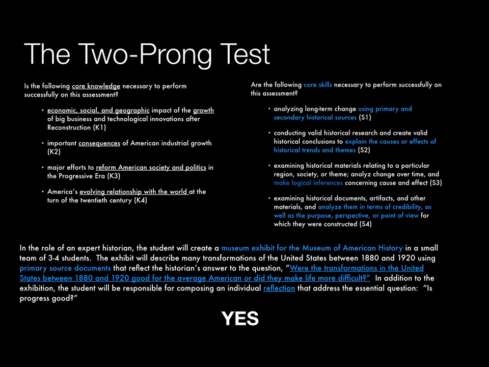Does a student need these skills, highlighted in blue on the right, to successfully complete the assessment? An alignment check verifies the validity of the assessment. The answer to both of these questions is yes. Students will need the core knowledge and the core skills to successfully complete the assessment. They won't be able to fake it.